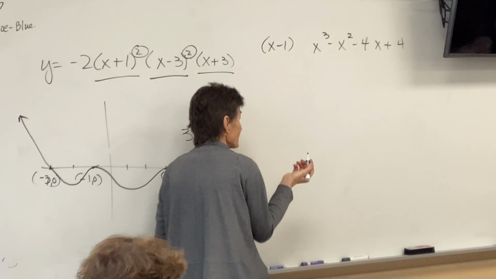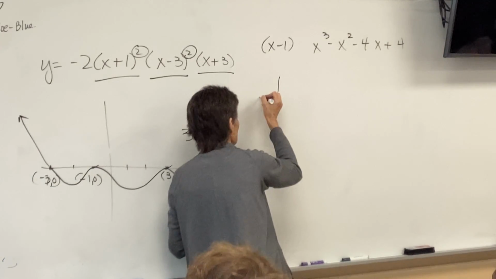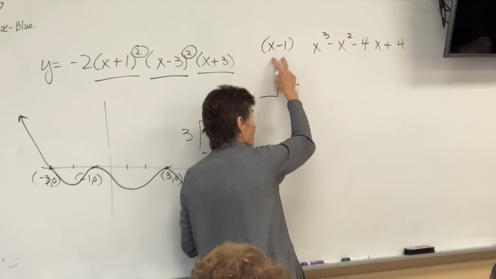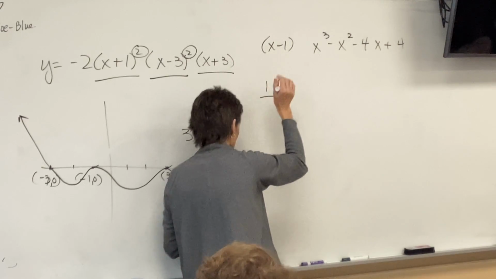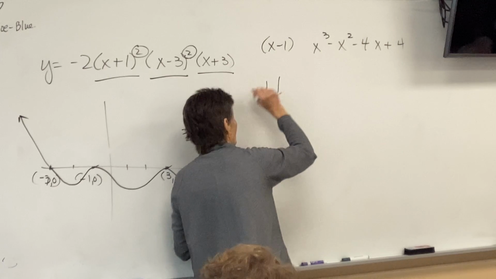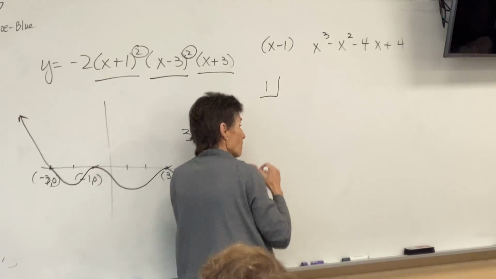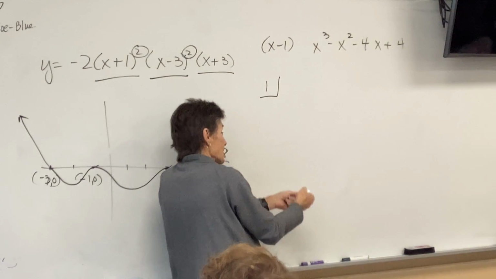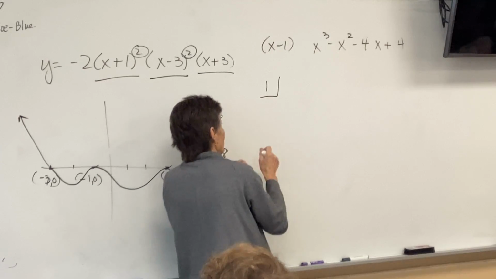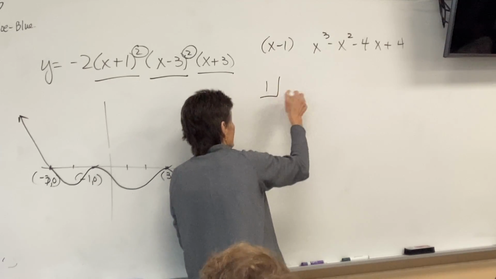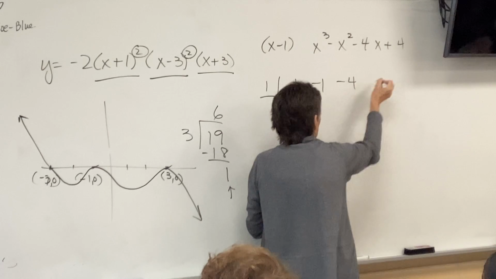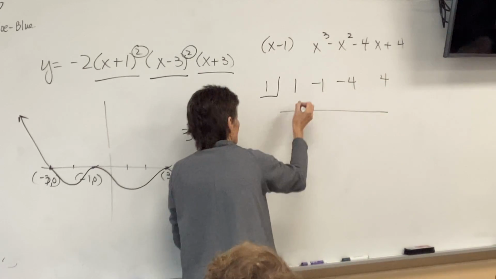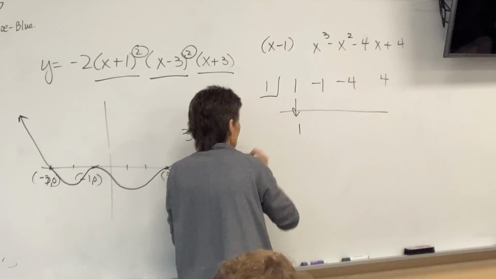And if I'm going to divide synthetically, what's going to go in the box? If I'm dividing by that, 1. Very good. Remember, every time you put a number into a parentheses or take a number out, it's the opposite. So this means 1. I'm going to divide.